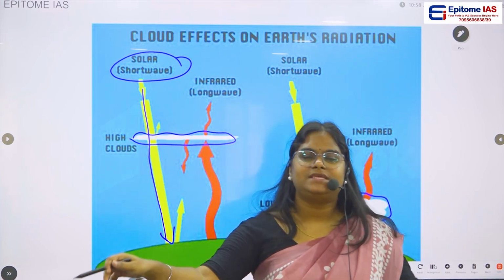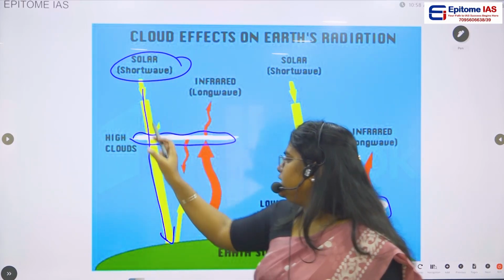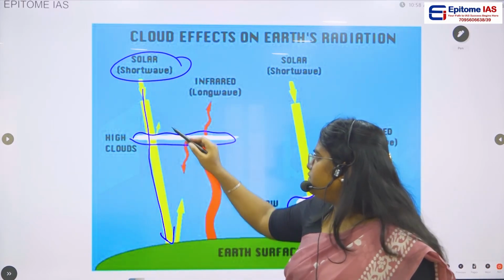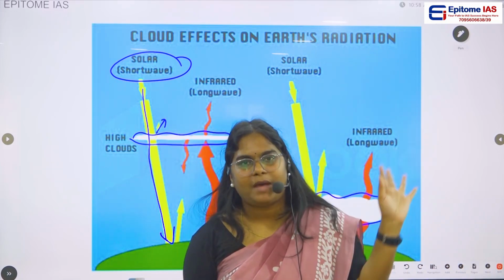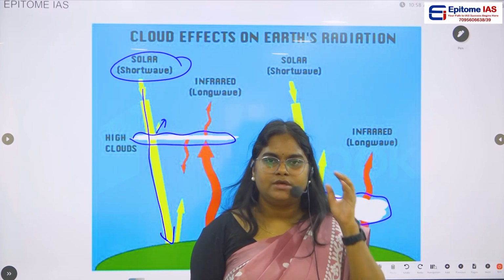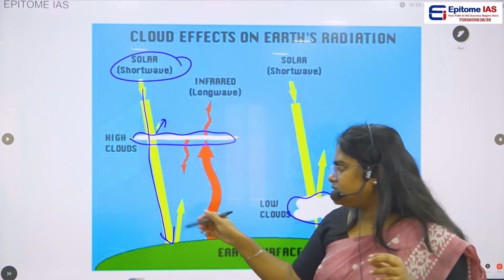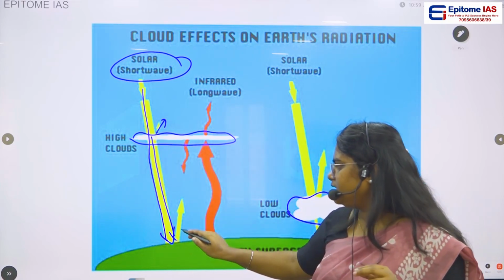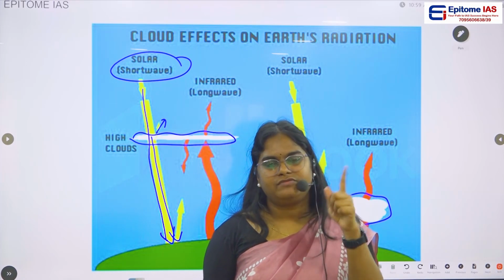They are not very thick. Because of that, a very small amount of incoming solar radiation is reflected back by the high clouds. The majority of the incoming solar radiation passes through the high cloud and reaches the earth's surface. This is the first point.